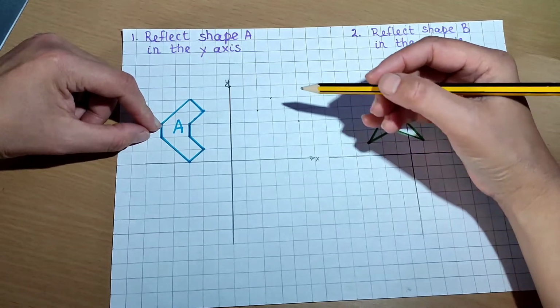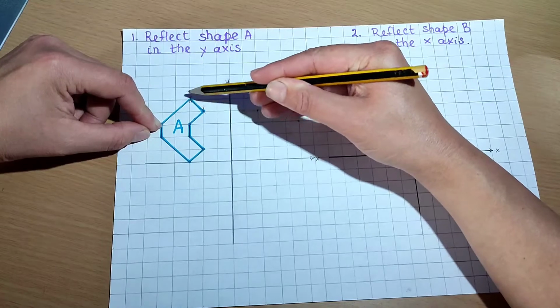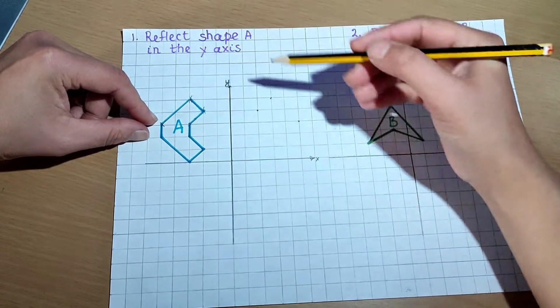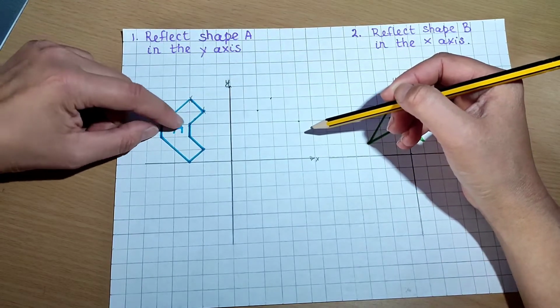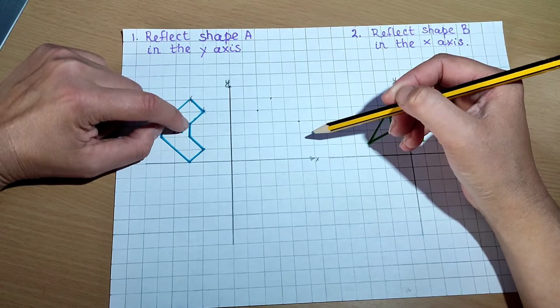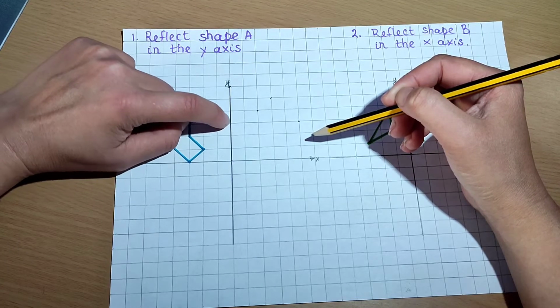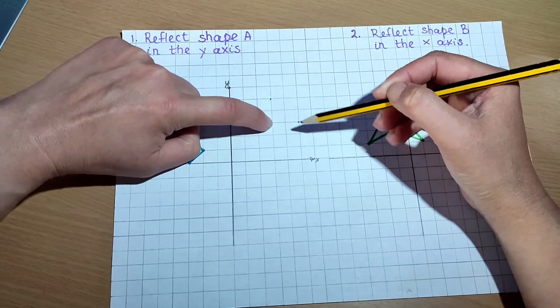Do you know what you could do as you go along? You could put a cross on the ones that you've already plotted on the other side. Have we done this one? No, we haven't. So how many squares to the y-axis? 1, 2, 3. We'll do the same here. 1, 2, 3.